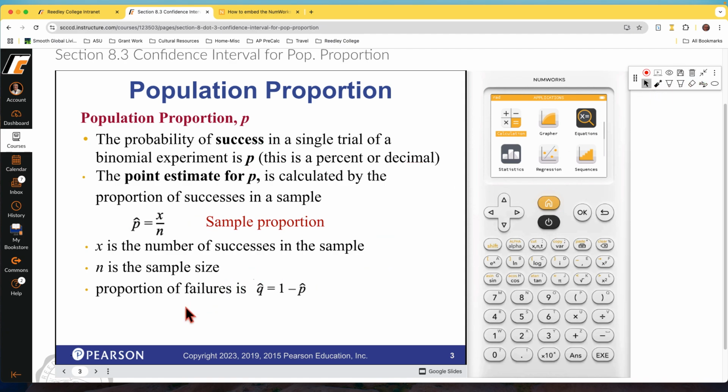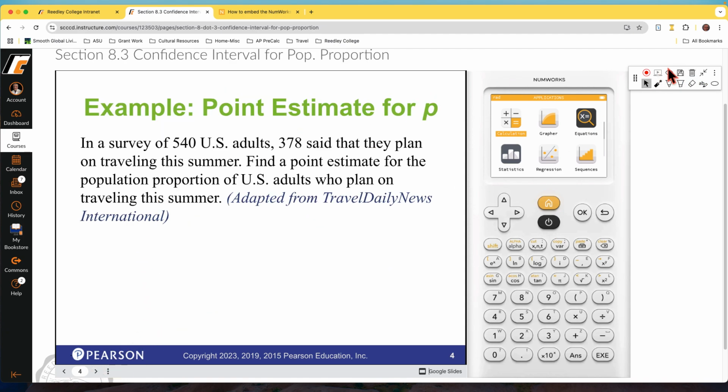So let's look at an example. How would we go about this one? We've got a survey, which is from a sample of the population, right? 540 US adults. That's the sample size. 378 said they plan on traveling this summer. That's the number of successes, the number of people who are going to travel.